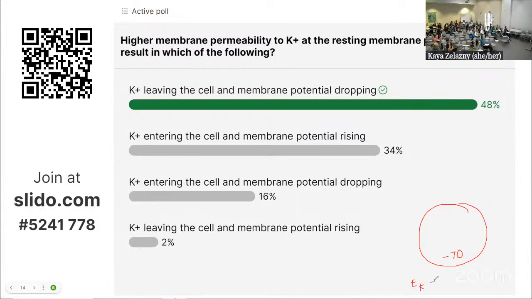Okay. It's -94. Okay. So potassium wants the inside of the cell to get to -94. So in order to do that, we'd have to move positive ions out of the cell, right? So potassium wants to leave the cell, okay?